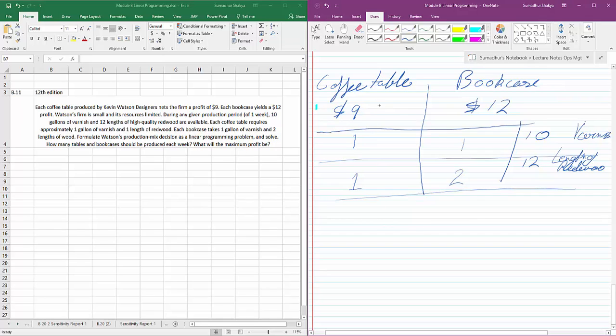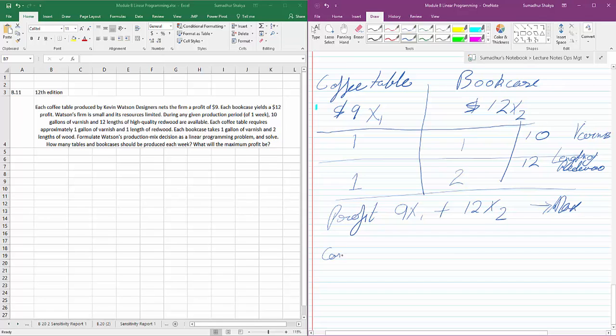Let's say we were to make x1 number of tables and x2 number of bookcases. Then our profit function or objective function would be 9x1 plus 12x2, and we want this to be maximized.